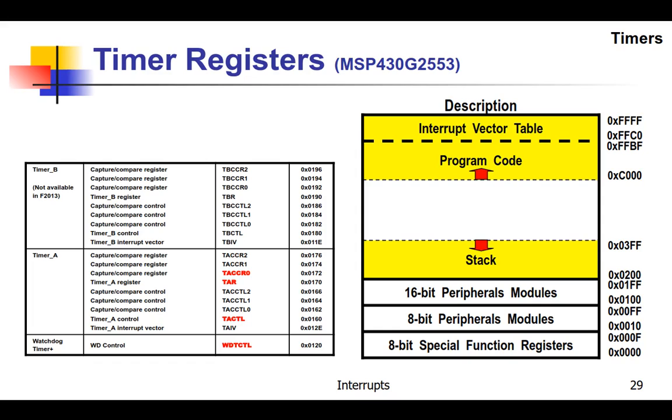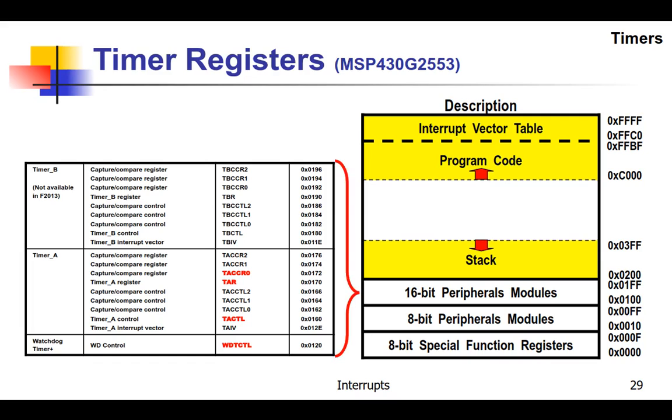And then down at the very bottom, you have all the special function registers, and the first set of them is the 16-bit peripheral modules, of which the timer is one. So you can see all those control registers. There's a whole bunch of them.